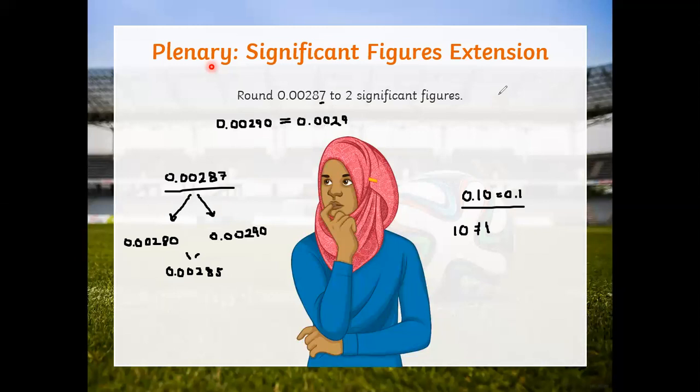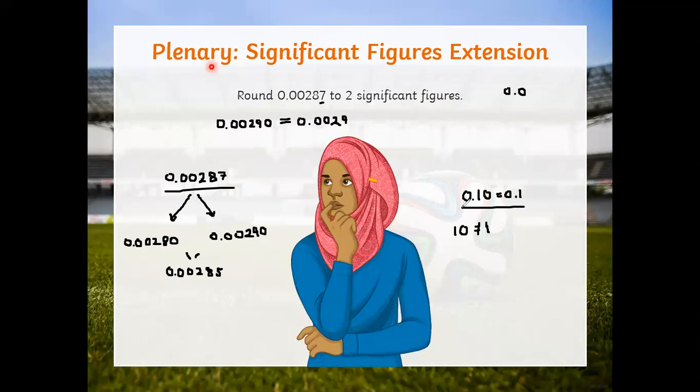So it wouldn't just be 0.0, because, like I said, these are not significant figures. So you need to take into account things that actually have value here. So we rounded this first, and we decided if it was above the halfway point or below the halfway point, and we decided it was above the halfway point, so we rounded it up to 0.00290.